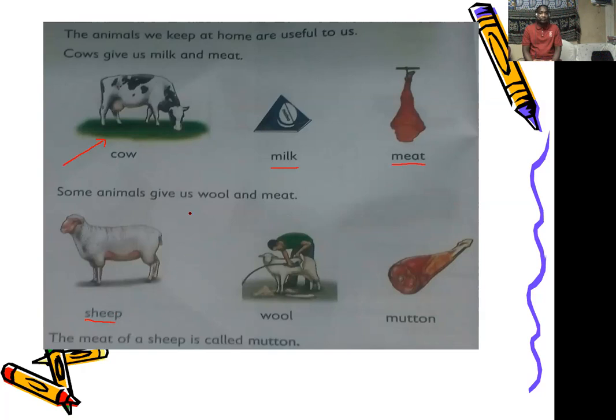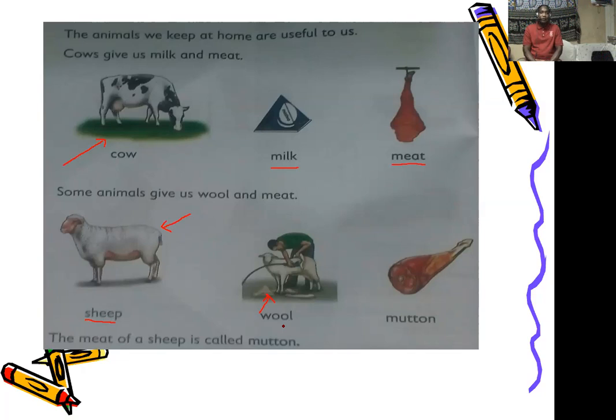Pupils, the sheep gives us wool. If you look, there is a person cutting wool from that sheep. Pupils, the cutting of wool from sheep is called shearing.